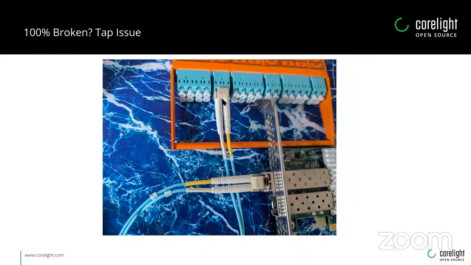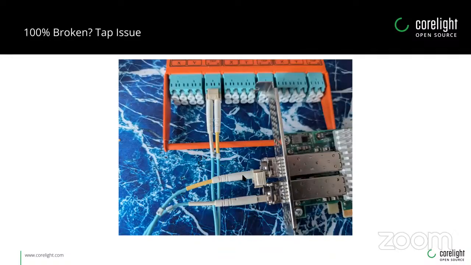They connected the output port on the tap to one port on, I think it was a tap-ag device or something like that. So for every link that you have tapped, you actually need two NICs or two input ports on your switch or tap-ag device. Very, very important, very easy problem to make.